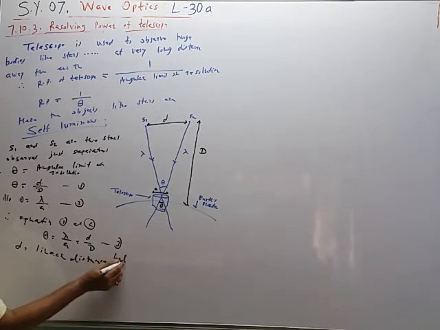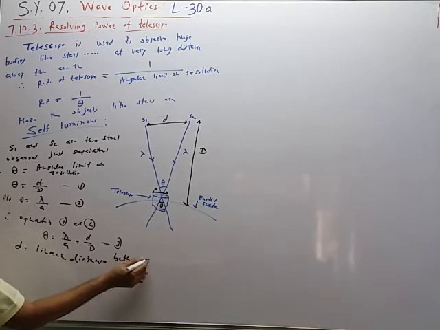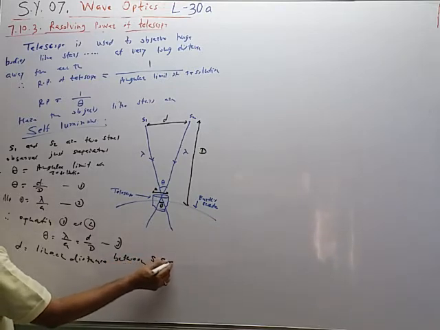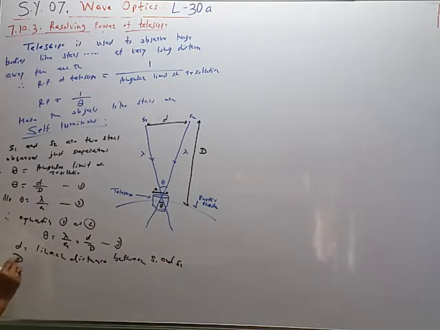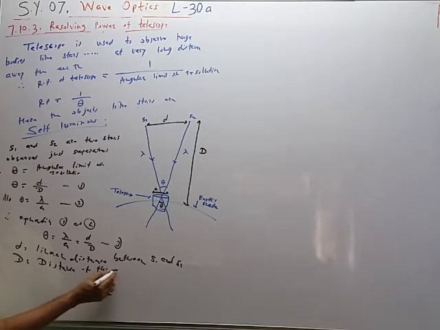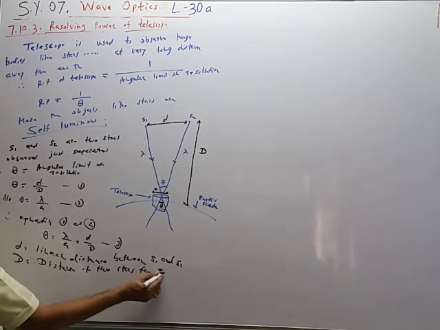Small d is the linear distance between S1 and S2. Capital D is equal to the distance of the two stars from Earth.